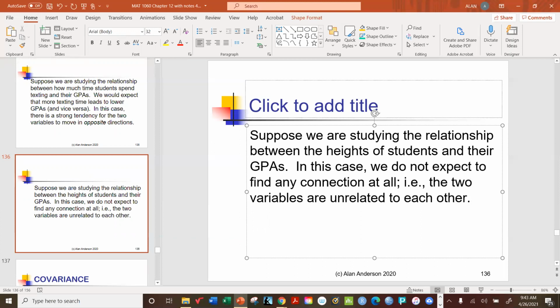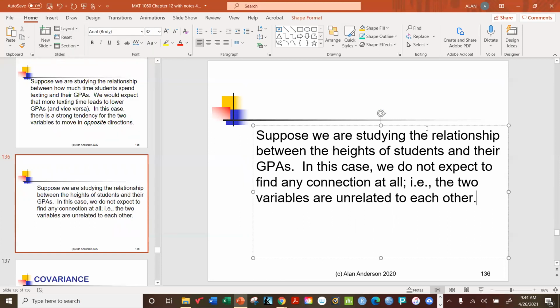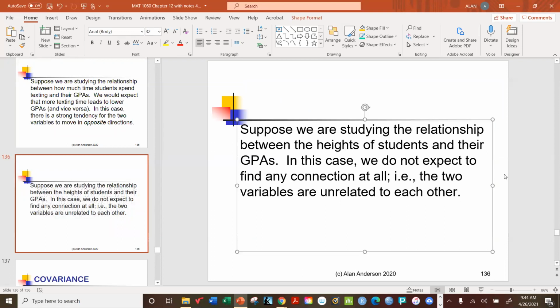And so again, this is something we could identify with our measures of association. If there's no connection between heights and GPAs, then we would find this out from our measures of association. So really, there are three basic situations we could potentially find when we use these measures: the two variables tend to move in the same direction, in opposite directions, or are completely unrelated to each other.